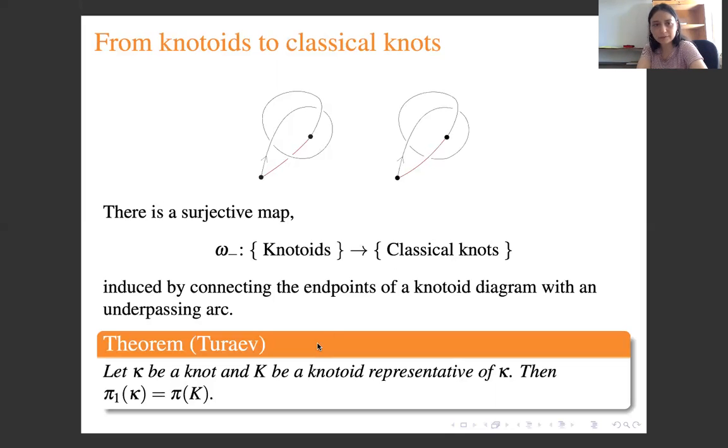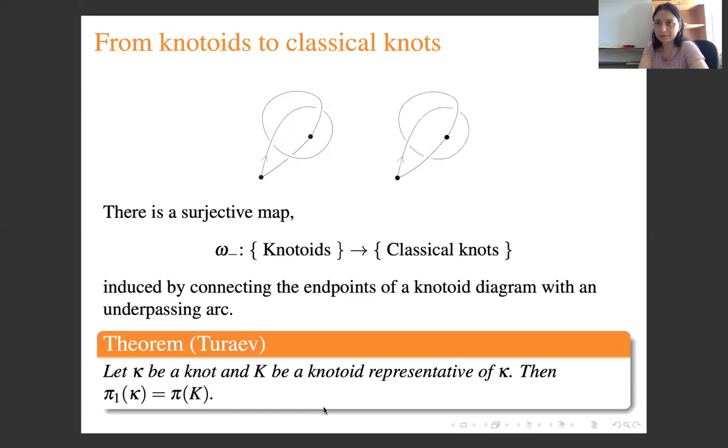Turaev in his paper showed that we can do it for the knot group, for example. He just applied the Wirtinger presentation directly on knotoid diagrams. He defined a combinatorial knotoid group, and he shows that the combinatorial knotoid group for a knotoid is the same as the knot group of the knot that this knotoid, K, is representing.